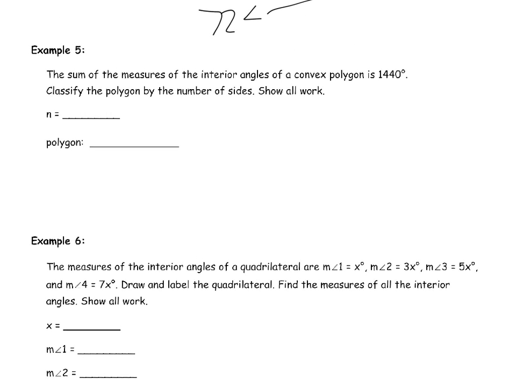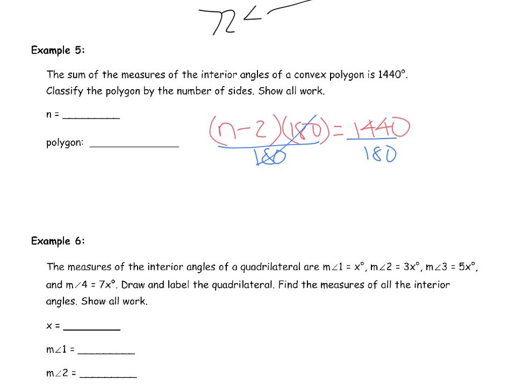All right, example 5. The sum of the measures of the interior angles of a convex polygon is 1,440. Classify the polygon by the number of sides. Show all work. Again, we're working backwards here, and this is where our handy-dandy formula helps out. n minus 2 times 180 equals 1,440. Algebra is awesome because we can work this out algebraically.